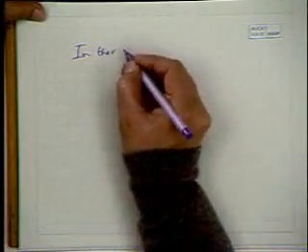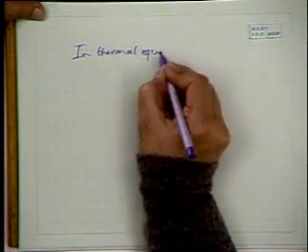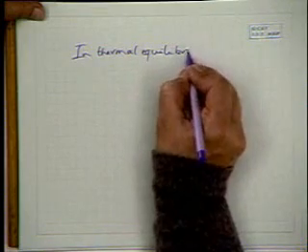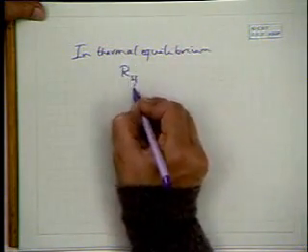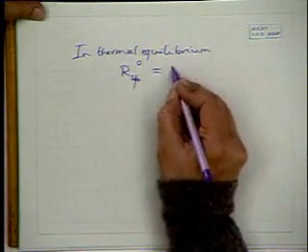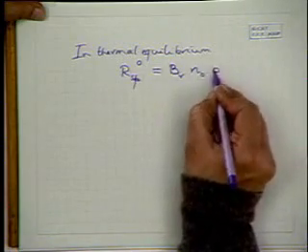In thermal equilibrium, when there are no excess carriers, then obviously we have RSP0 equal to Br n0 into p0.